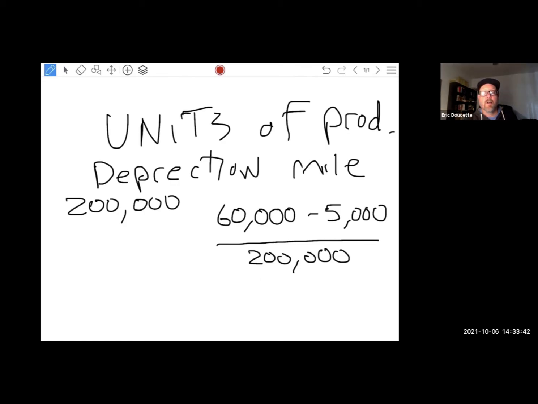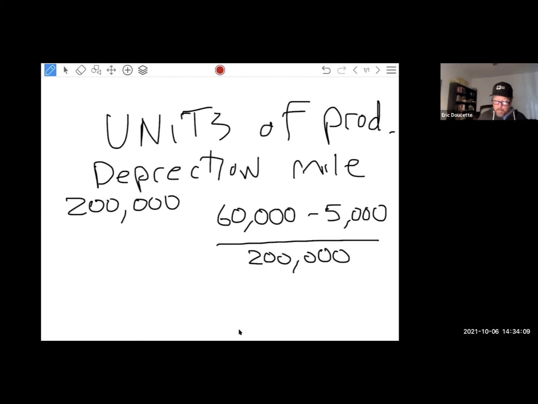So we're going to find out how much per mile we depreciate the vehicle. We would take our 60,000 minus 5,000, divided by 200,000. Equals... I didn't do it right. Hold on. Let's just do 55,000 divided by 200,000.